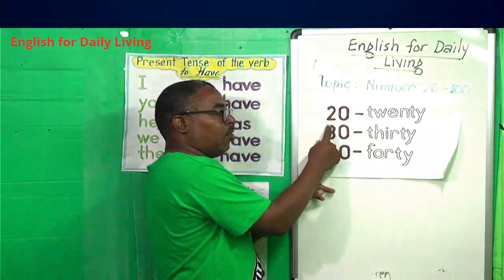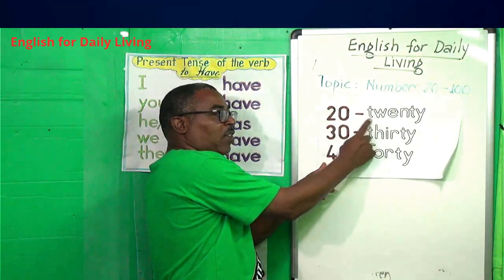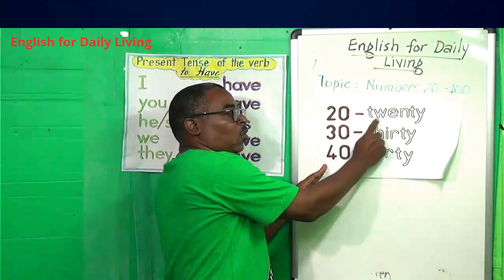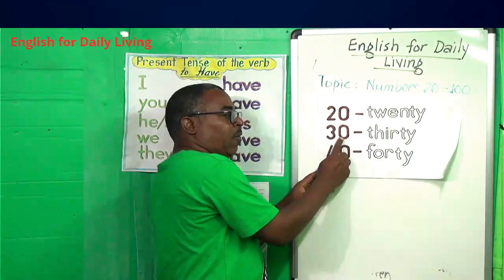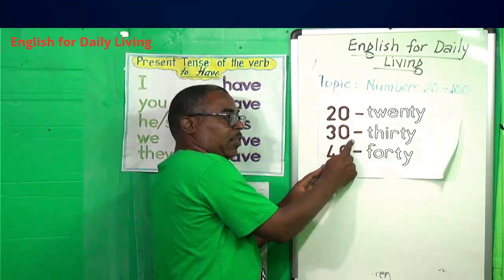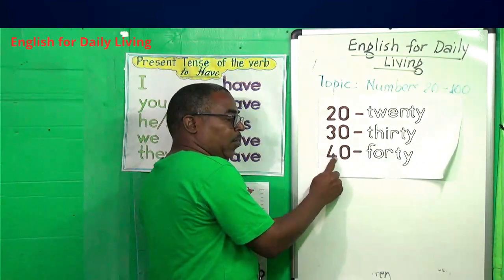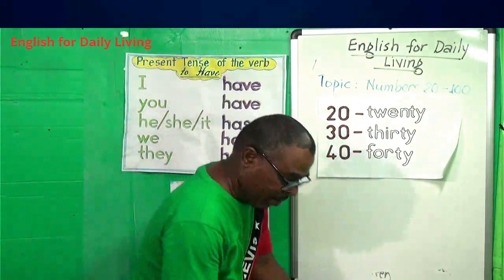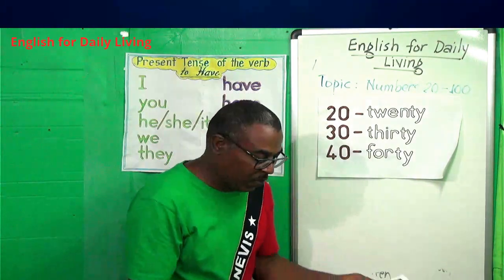See that? The 2, once again we see that thing developing here. 20, 2 and 0, 20. 3 and 0, so TH, 30. And 40, 4, for FO, 40. So that's how we can learn to spell these very quickly.